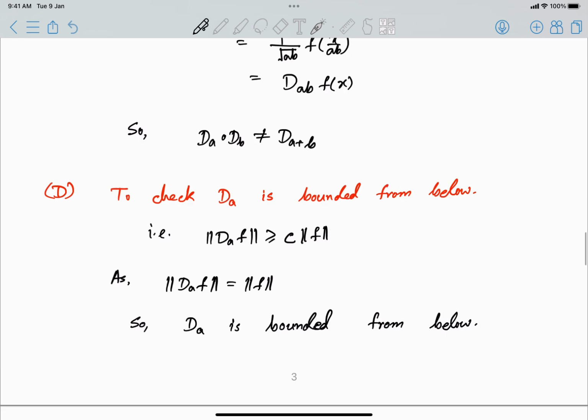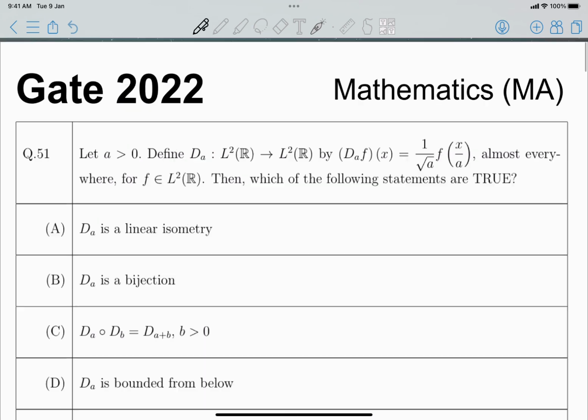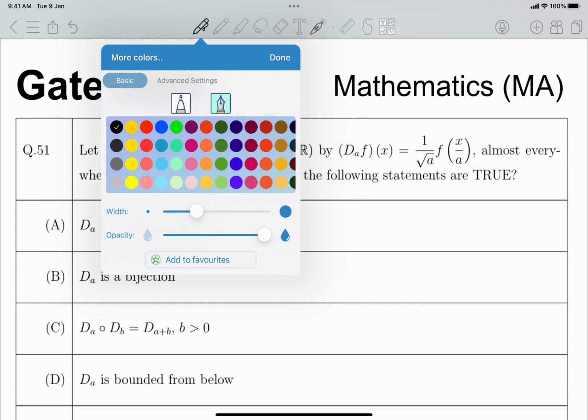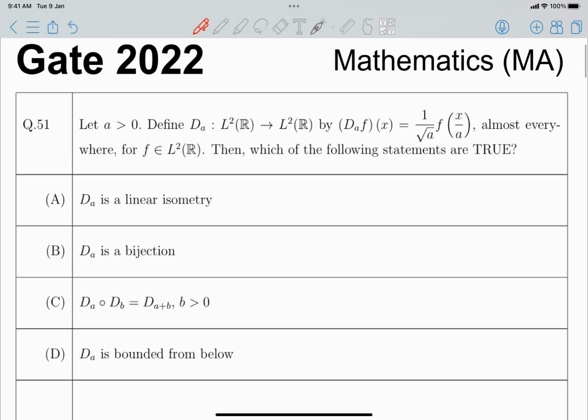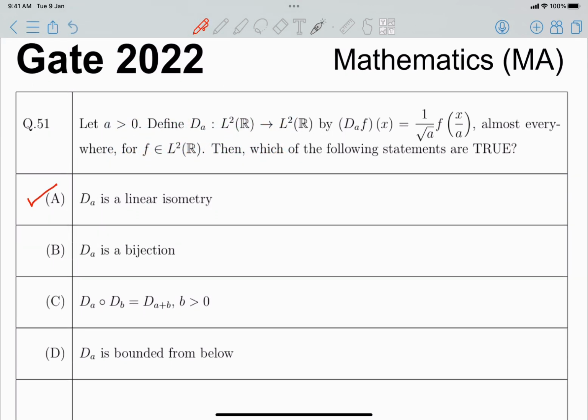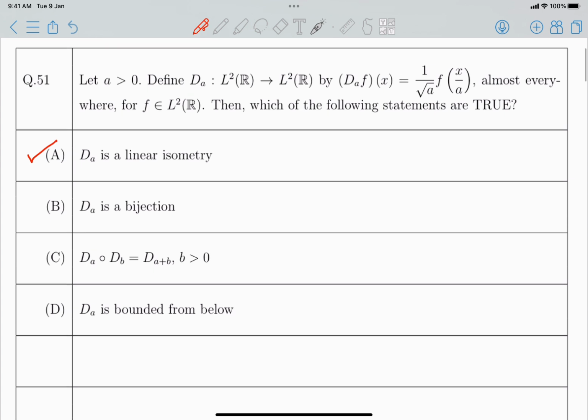So option number D is also correct. So what we have got: option number A, dA is a linear isometry, it is correct. dA is a bijection, this is also correct. Option number C is not correct. dA is bounded from below, it's also correct. So A, B and D are correct.